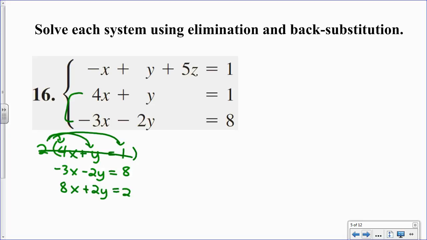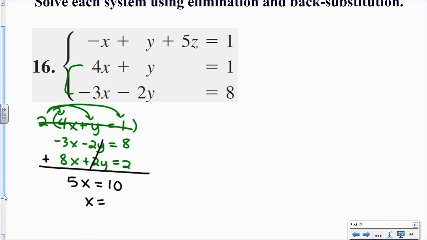Okay, so let's just add down. 5x equals 10. X equals 2. Okay, put that back in. And you can go back up here or the second part that you have.